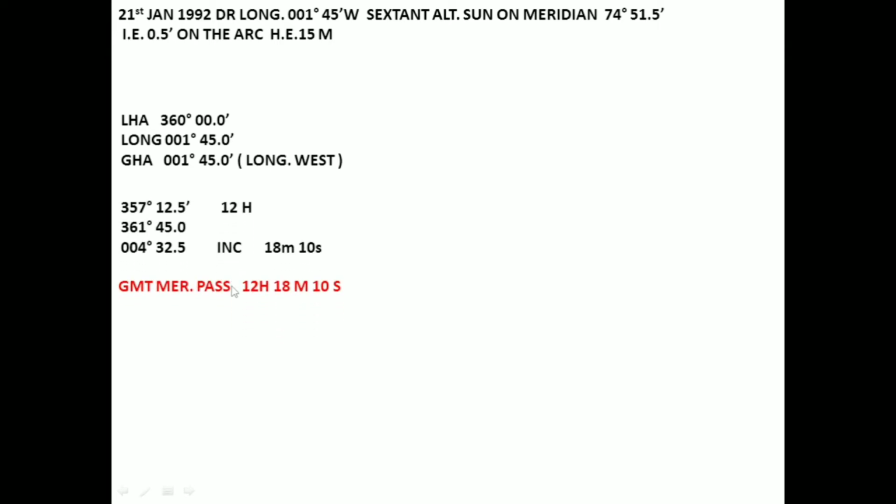Now, this is just a repeat of finding out your latitude when the sun is on your meridian. So when the sun is on the meridian, you usually get your latitude. Here I have obviously missed out the latitude. You can find your meridian passage time either with 360 and get your exact meridian passage, or you could use your almanac to find your GMT meridian passage.